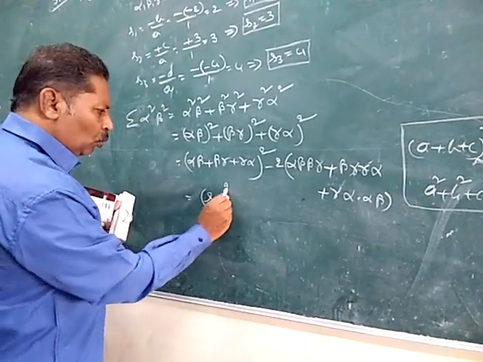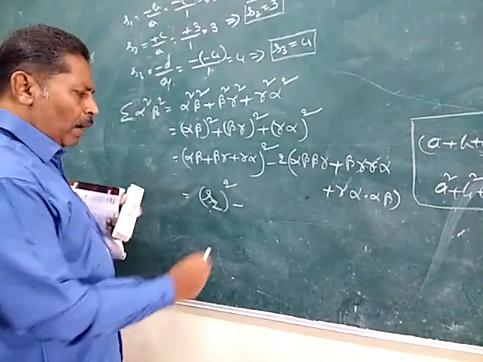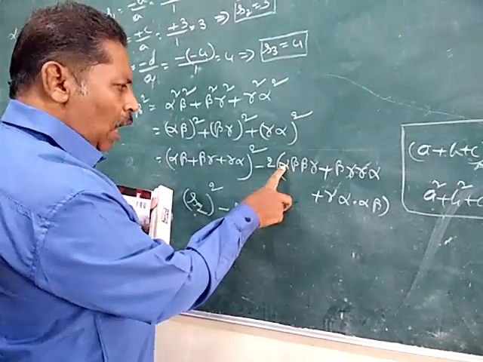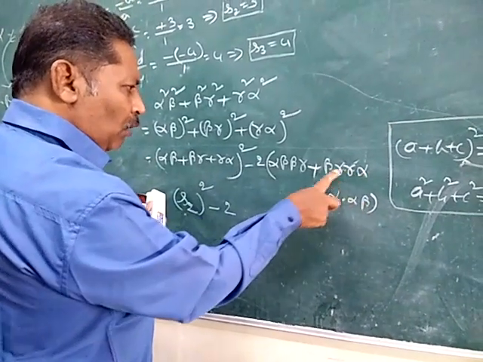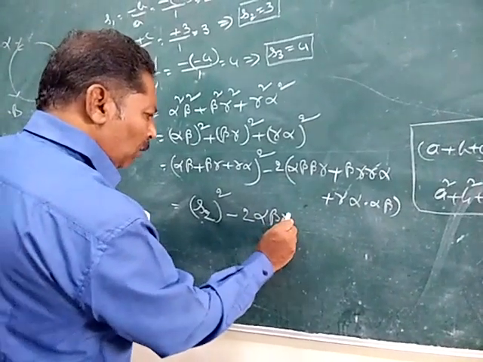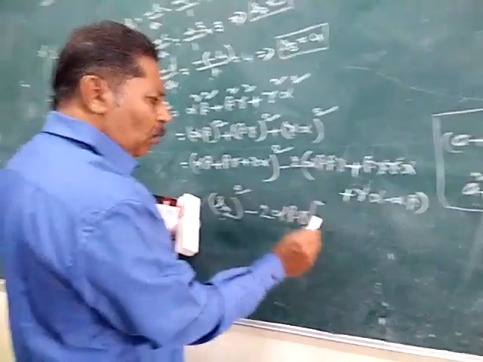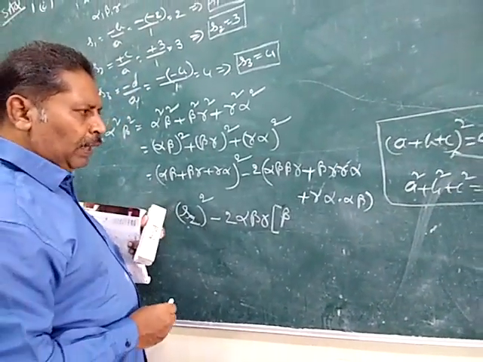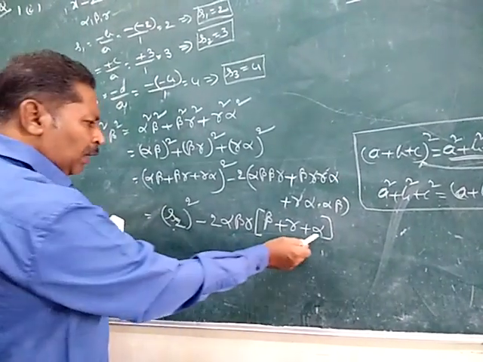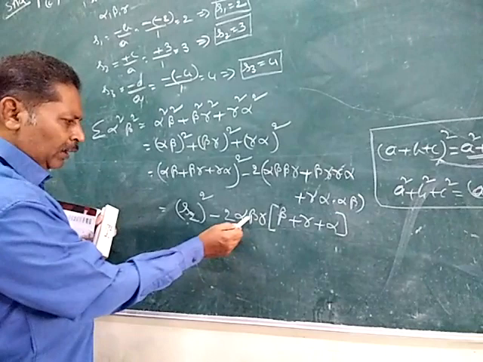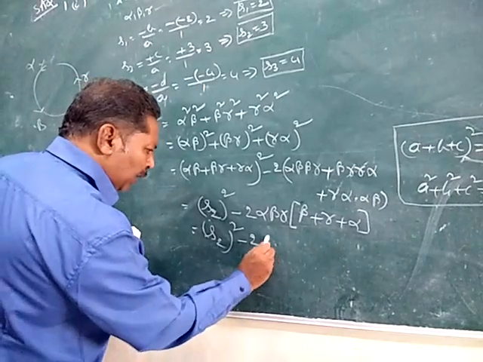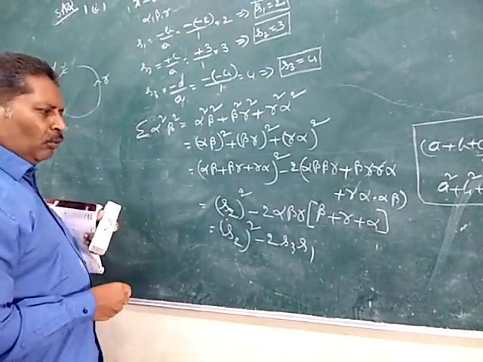S2 whole square minus 2 into, take common alpha beta gamma. In the first term, the remaining letter is gamma, so this is nothing but S1 symbol. This is nothing but S3 symbol. So S2 square minus 2, S3 into S1.